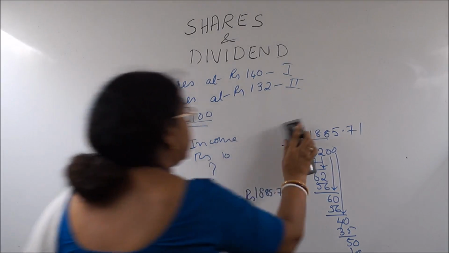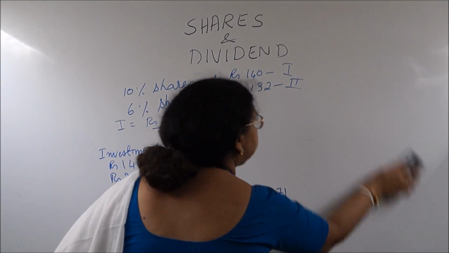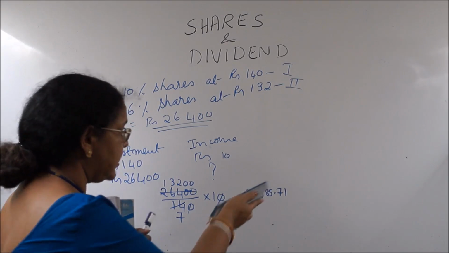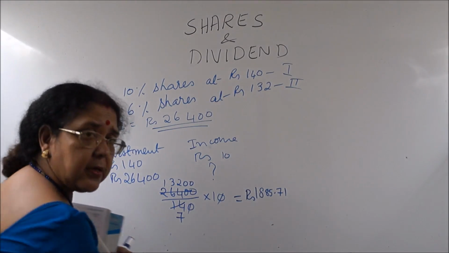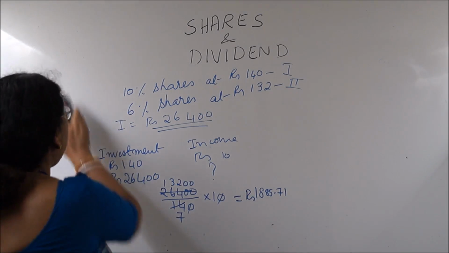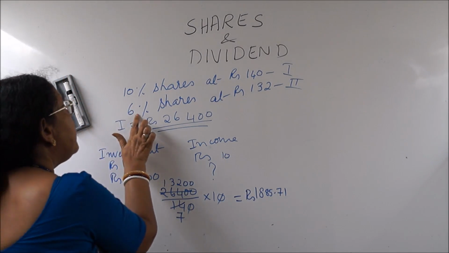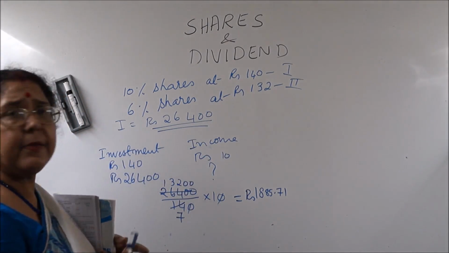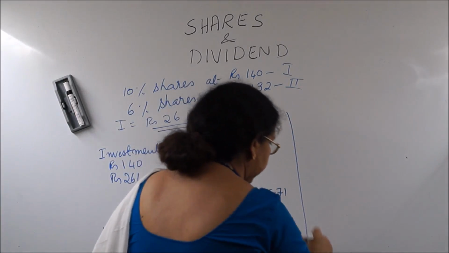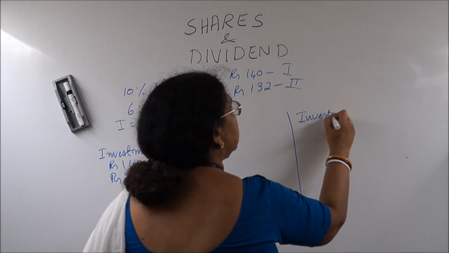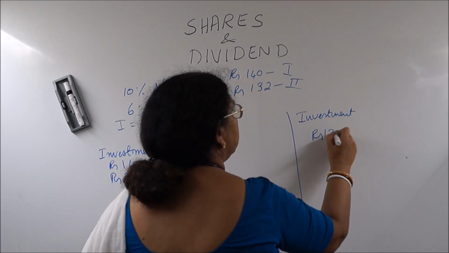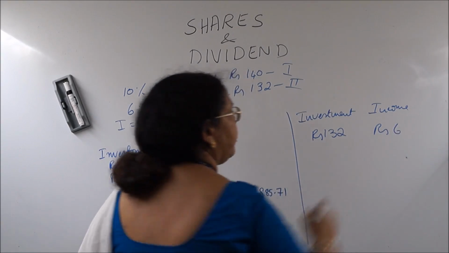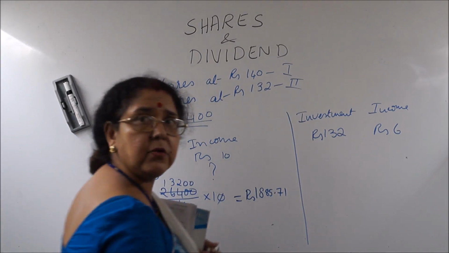Now let us find out what is the scenario in the second case. You should not remove or rub the related calculation. Since here space is less, I have rubbed, but you will continue with all the calculations intact. Now in the second case, the income on each share is 6 rupees. That means by investing 132, the income is rupees 6. So what is our common investment? 26,400.